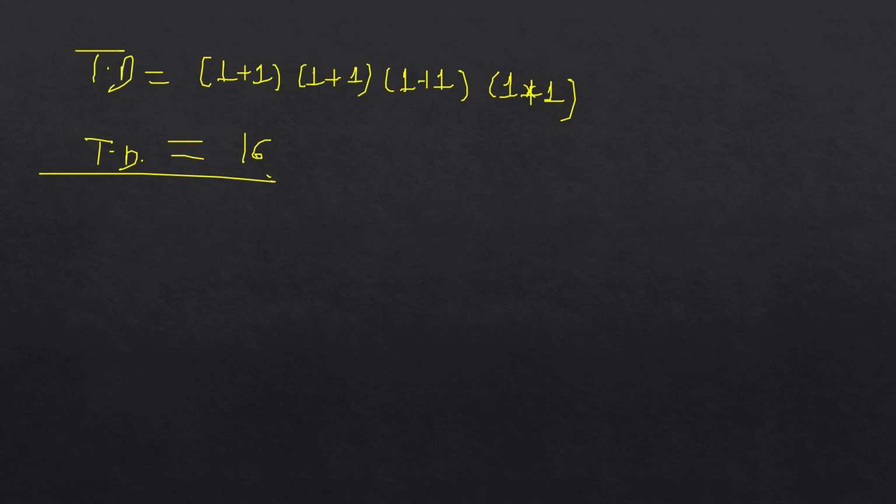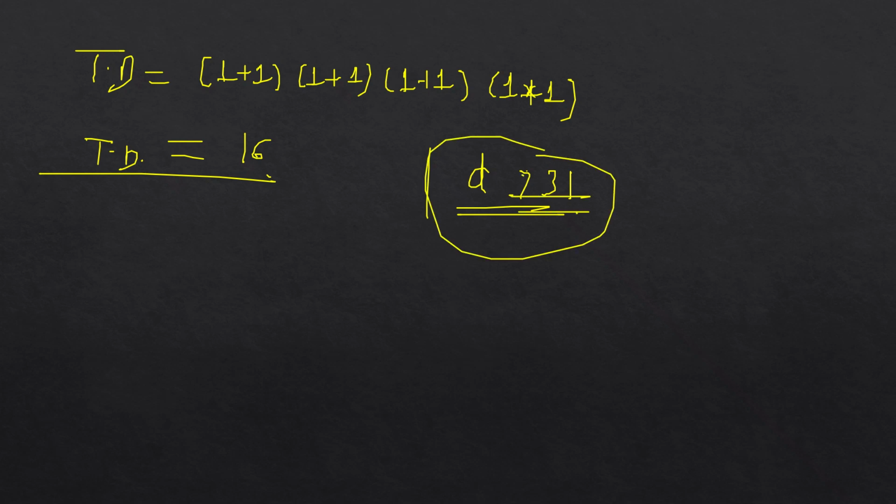Because in the question there is a condition that the divisor should be greater than 31, first we will find the divisors like 1, 3, 5, 7, 11. These are the prime numbers and also divisors.